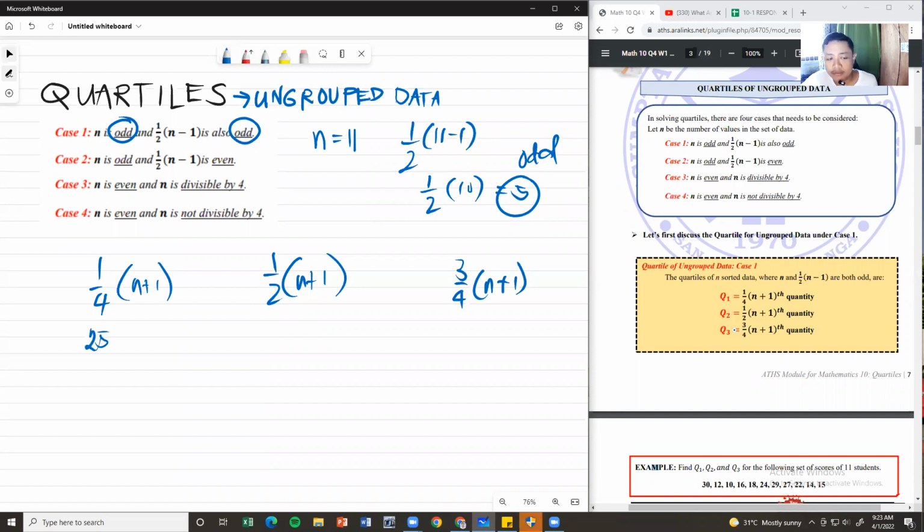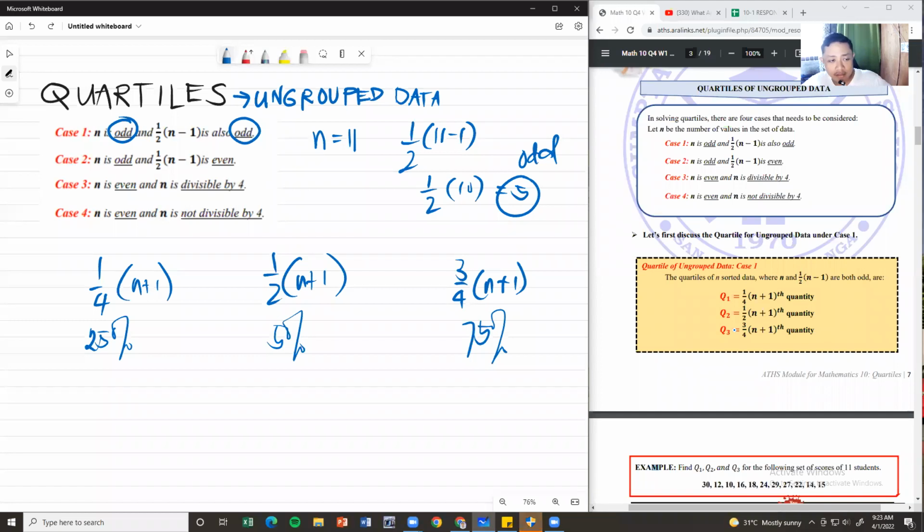That's the reason why there's 1/4 there. 1/2 is 50%. And of course, 3/4 is the 75%. So that is where these fractions came from. When we do this, we are actually solving for the position of the quantity.